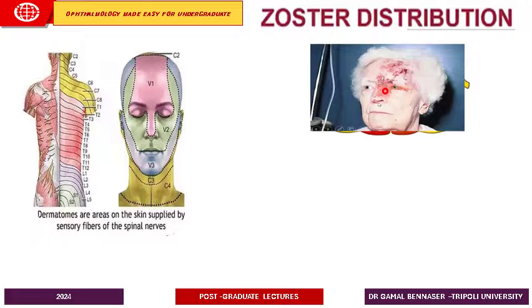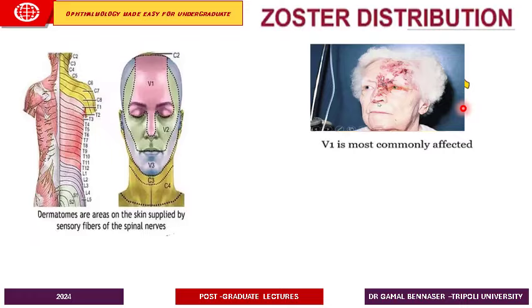And if there is involvement of the nasociliary nerve, which innervates the tip of the nose and also the skin of the lid and the conjunctiva, and also the ocular adnexa like the uvea and the choroid, this is what's known as the Hutchinson sign. Definitely it means that there is intraocular or ocular adnexal involvement, although absence of Hutchinson sign does not rule out intraocular involvement. So this is the distribution of herpes zoster ophthalmicus.